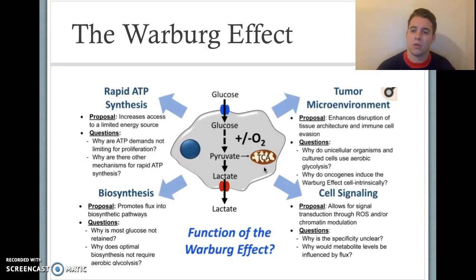There's an interesting effect called the Warburg effect, which we actually do see with tumors. They increase their uptake of glucose, but what's interesting is they produce a lot of lactate.